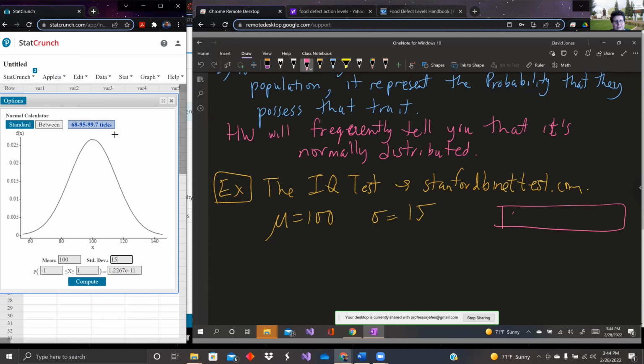It's a button in StatCrunch, the empirical rule values. Watch what happens when I click it. Look at the number line. It goes 60, 80, 100, 120, 140. If I click it, it adjusts to match those values. This is the empirical rule.